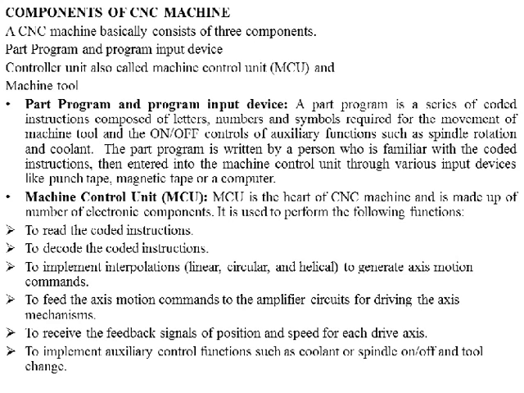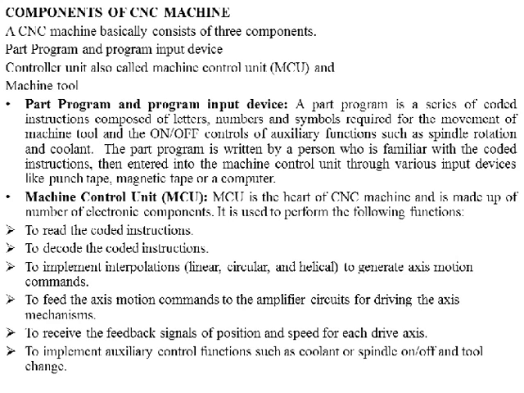The first one is a part program and program input device. What is a part program? In my previous classes we discussed that a part program is a set of instructions written by a part programmer.